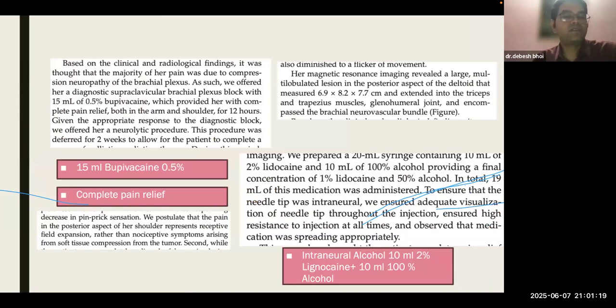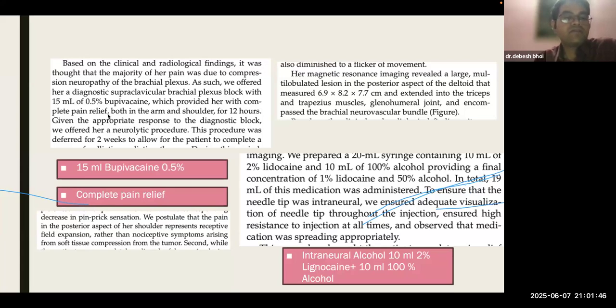First they went for a diagnostic block, just to see the response, because once you give a block or plan a neurolysis, the patient will have numbness or sensory loss. So sometimes a diagnostic block is given as a simulation, to see whether the patient is willing to accept that, and then we go for a definitive long-term neurolysis.